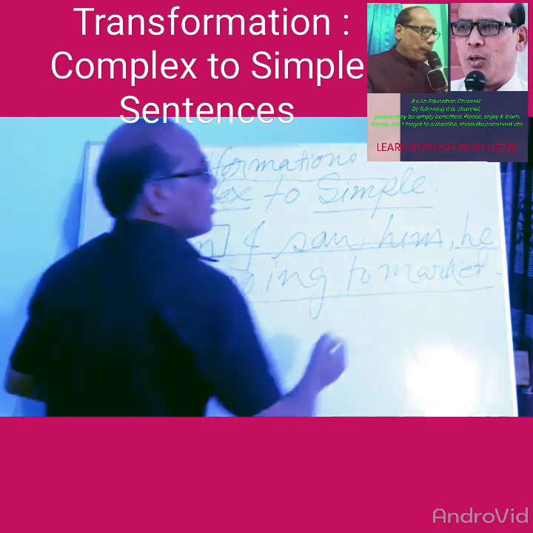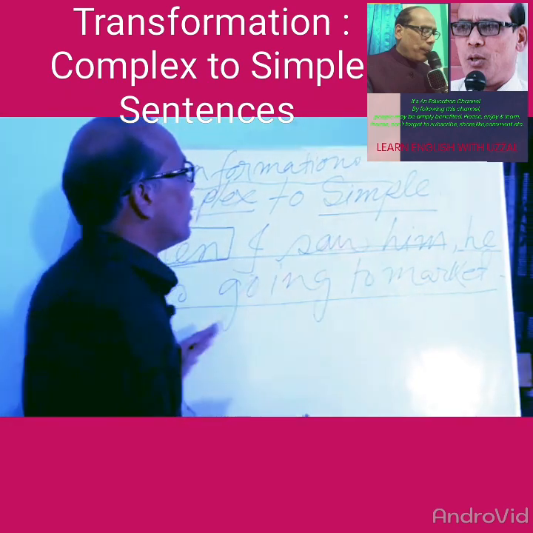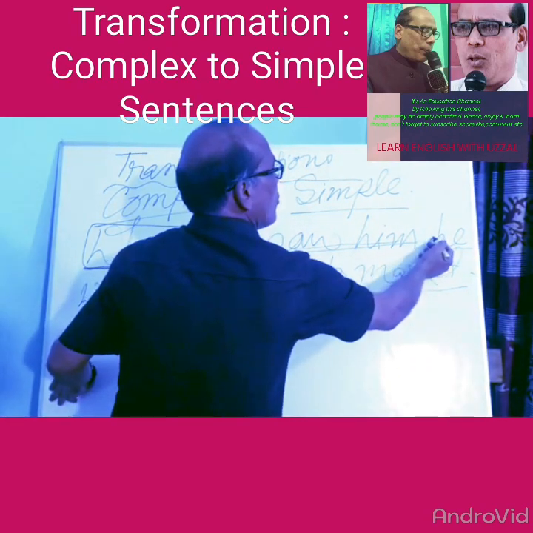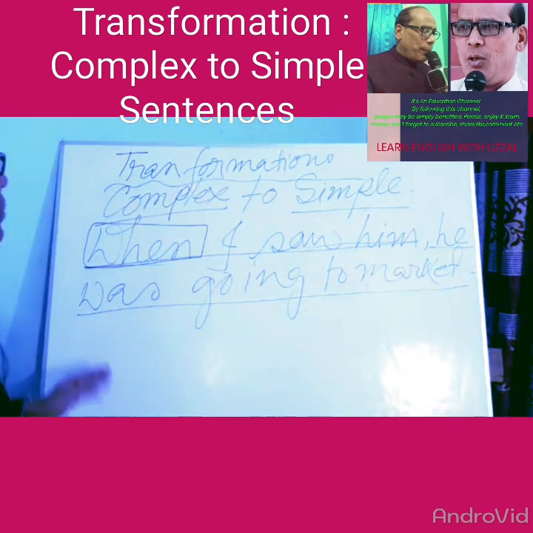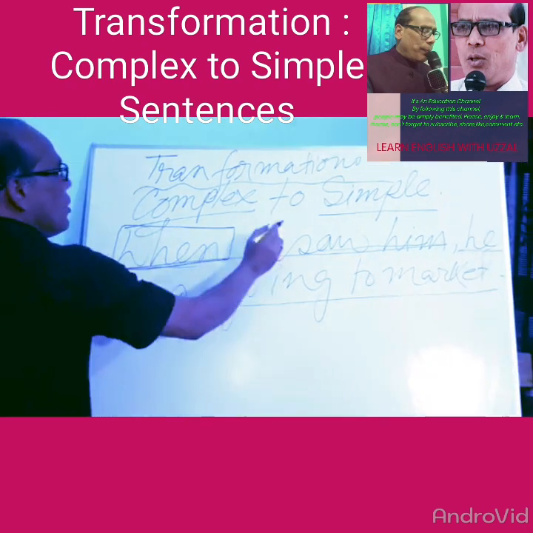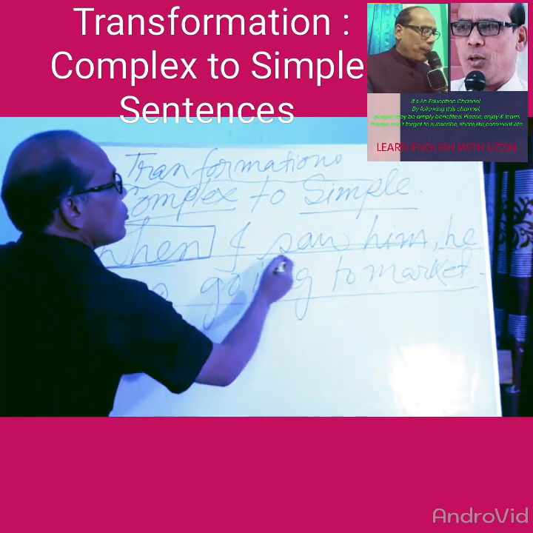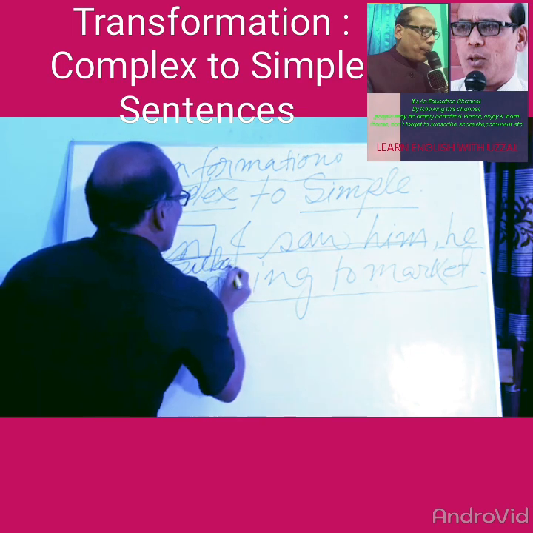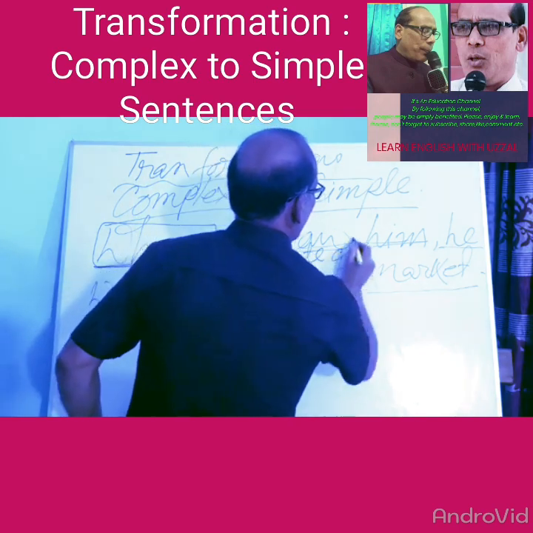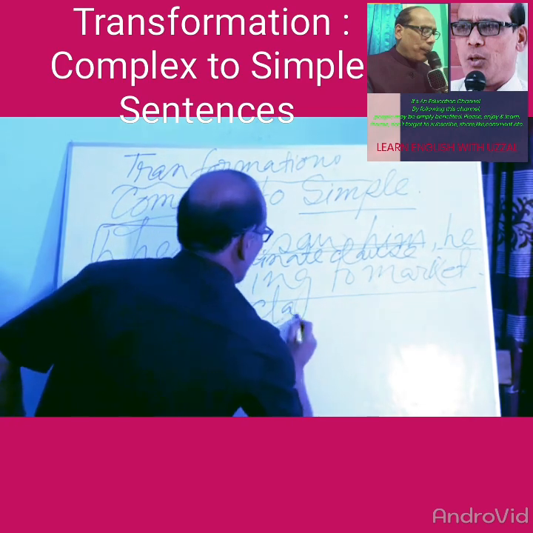And the clause which doesn't begin with any conjunction, here he was going to market, is the main clause. Now we will have to change the subordinate clause. Which one is the subordinate clause? Here, when I saw him is the subordinate clause, and this one is the main clause.